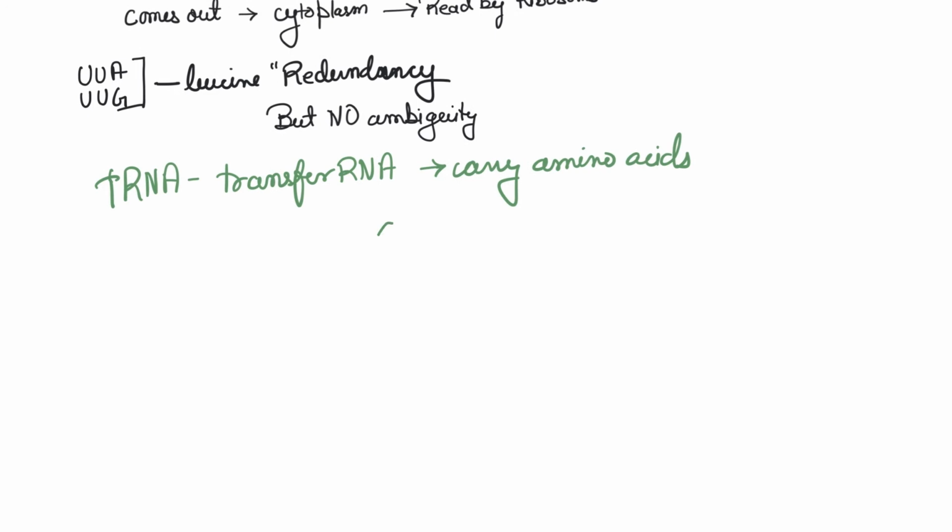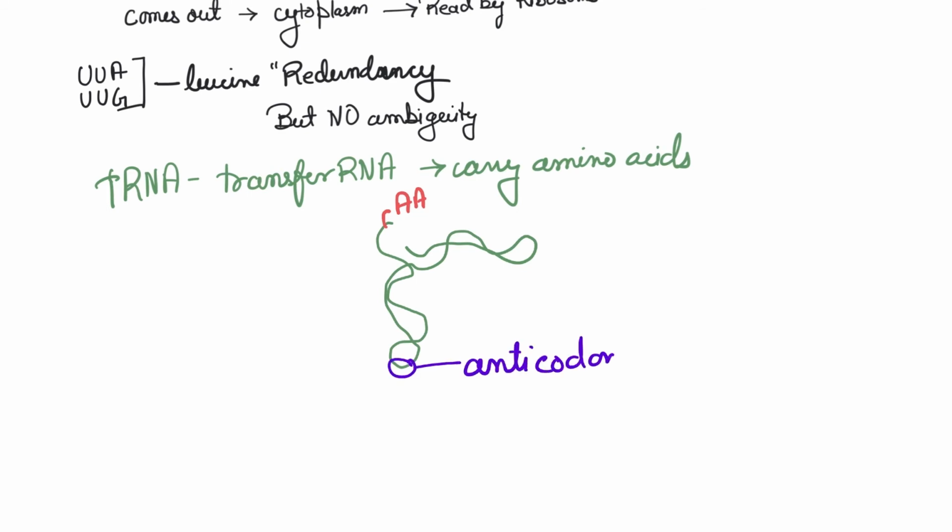So tRNA, transfer RNA, they carry different amino acids. We have around 20 amino acids, and there are 20 types of tRNAs who carry different types of amino acids, and there's a particular code which we call anticodon. Let's say we have to add UUA. The anticodon would read something like AAU, again complementarity.